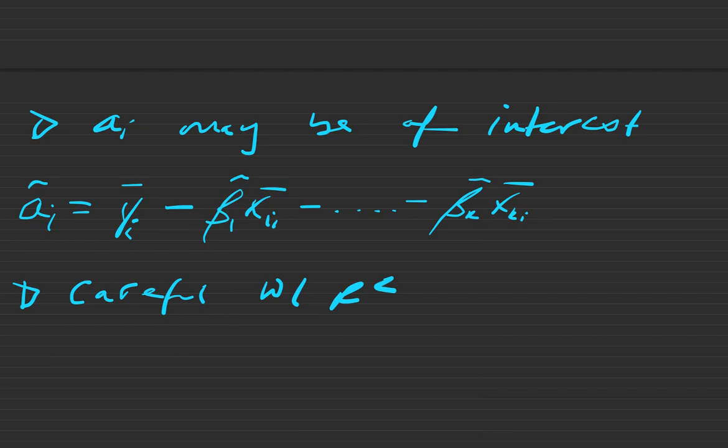Alright, so that's it for the least squares dummy variable model. The takeaway is that least squares dummy variable is equivalent to fixed effects. Sometimes you hear one referred to as the other interchangeably. And sometimes the a_i are of interest, but we should tread carefully with the R squared.